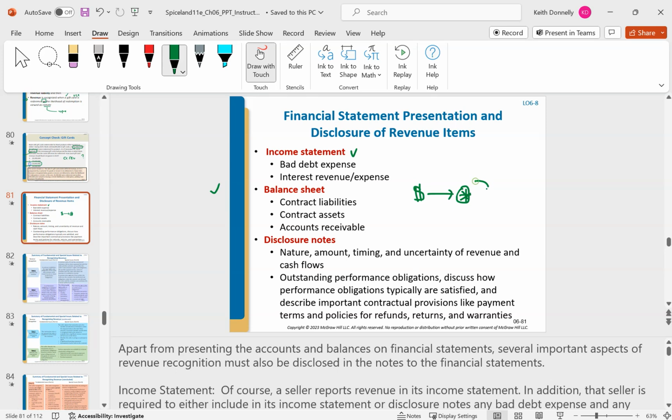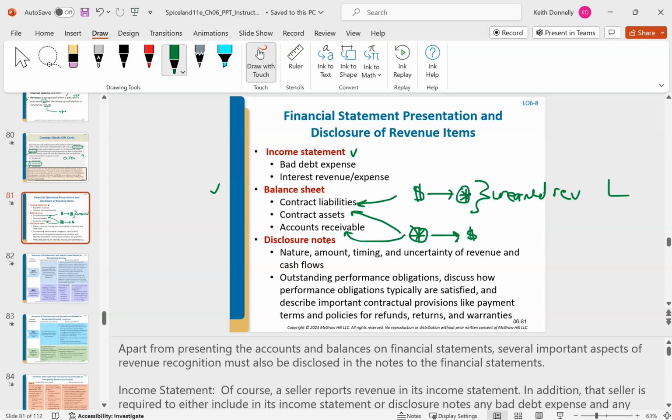In that situation, unearned revenue is a liability. That's another way of saying a contract liability. On the flip side, if you give the services before you get the money, that's either going to be a contract asset or an account receivable.